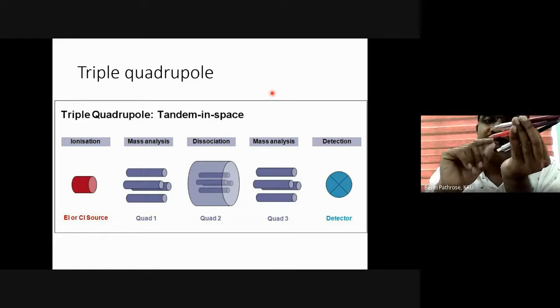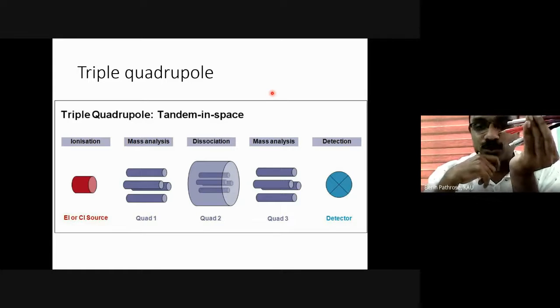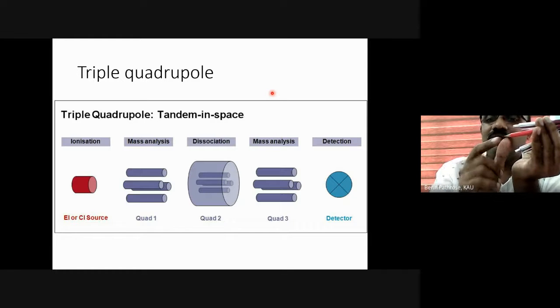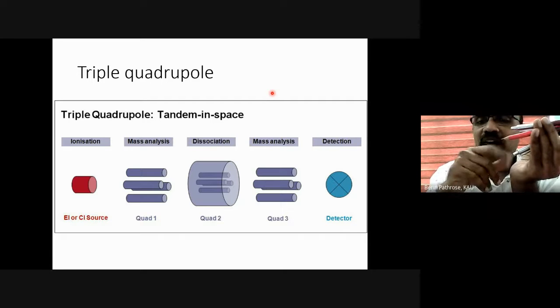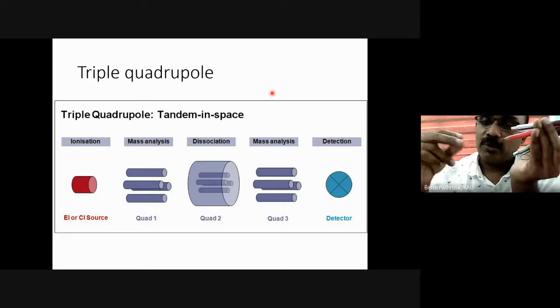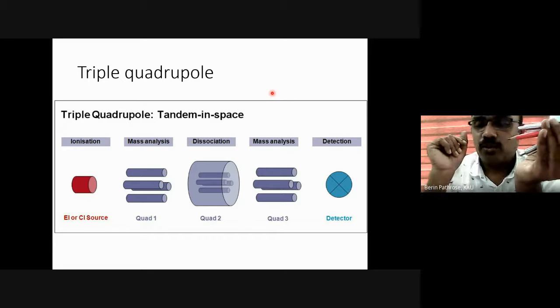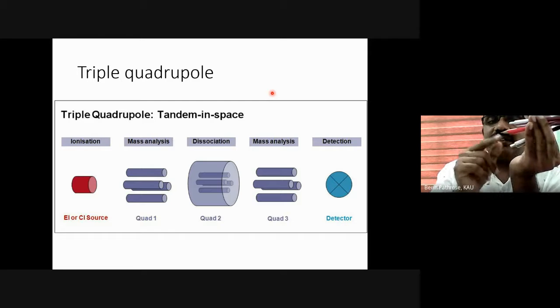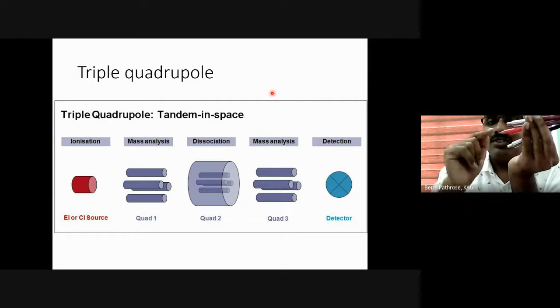But what happens if we change the voltage also? Imagine the quadruple voltage can also be changed. Say I have increased the voltage from what I said earlier. The positively charged compound is coming, these 2 are positively charged, these 2 are negatively charged, and we are providing a very high voltage.